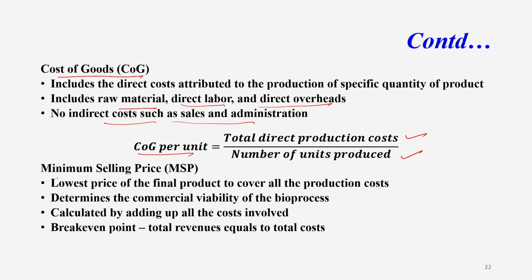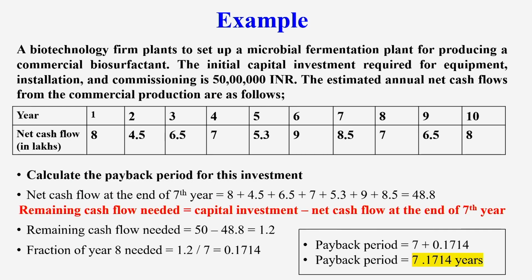One more important term is the minimum selling price. It is the lowest price of the final product to cover all production costs, and it determines the commercial viability of the bioprocess and is calculated by adding up all the costs involved. And there is a term called break even point, which means the total revenue equals the total cost.